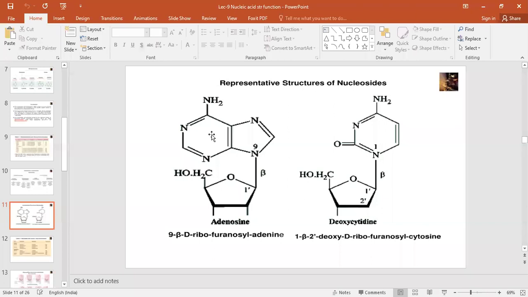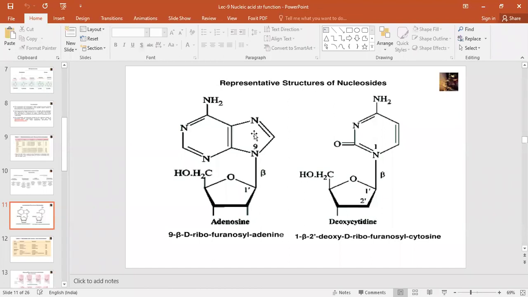Adenine is 6-aminopurine, so at the 6th position an amino group is attached. N, C, N, C, C, C, N, C, N. Numbering is given, double bonds are given, and the amino group is put over here. So this is your adenine nitrogen base.